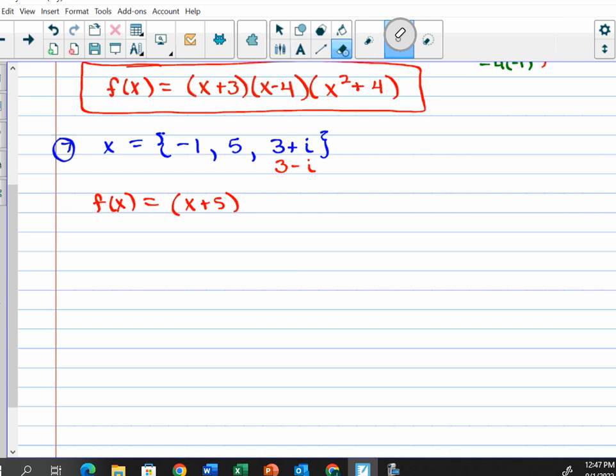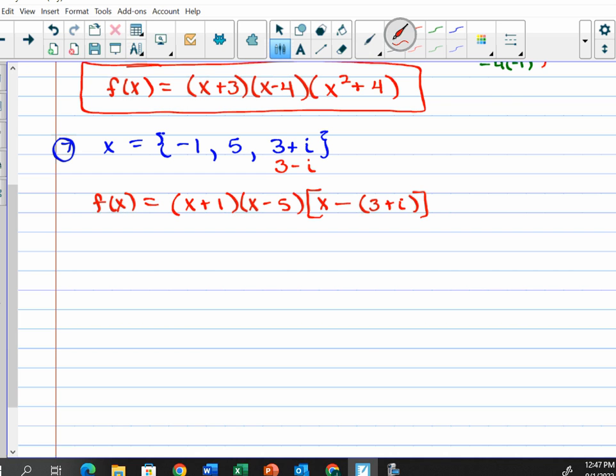Good. Okay. Now, let me just show you. You don't have to write it this way every time, but I want to make sure you see where this is coming from. So again, I'm going to do x minus the solution. So x minus, and then I'm going to put it in parentheses, 3 plus i.